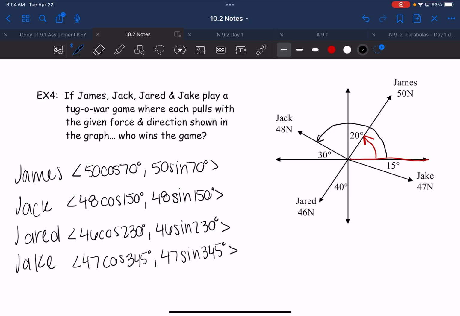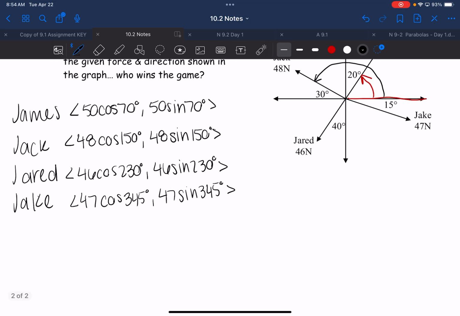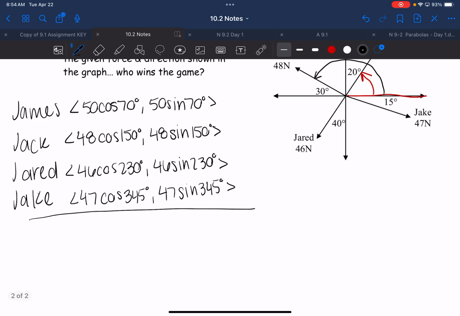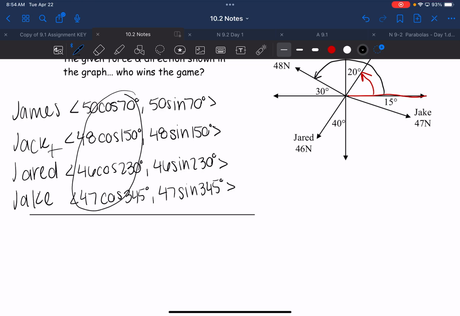All right, and then to determine who wins, we need to determine where we're going to end up, right? So just like last time, to determine the vector of the path traveled, I'm going to take all of these vectors and I'm just going to add them all up. So I would add all of my x components and I would add all of my y components.